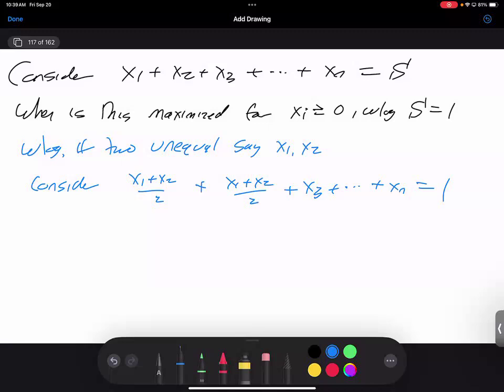Because we just showed that the product is largest for two things with the same sum when they're the same. And so if I replace x1 and x2 with their averages, I haven't changed what they sum to. It still sums to x1 plus x2, but now the product will be better. So the largest product has each xi equal to 1 over n.